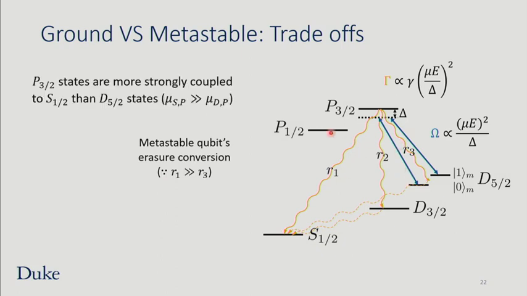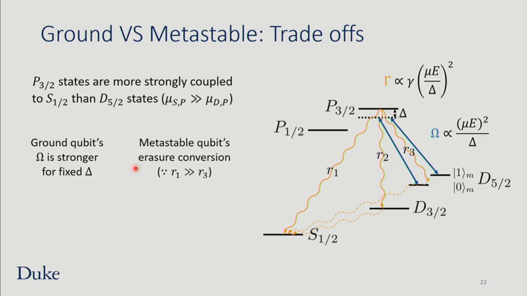That was because your dipole transition matrix element was much stronger to the S state than the D state. So that's the mu here. But you also notice that the Rabi frequency is also proportional to mu squared. And that means, by the same reason erasure conversion worked, your ground qubit's Rabi frequency is stronger for fixed detuning.